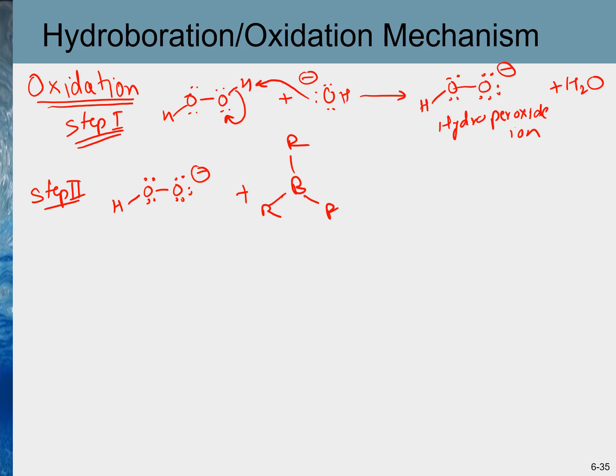Now, as we can see that trialkyl borane is an electrophile because boron atom has only 6 valence electrons around it.